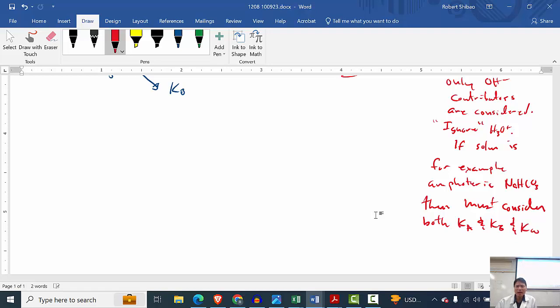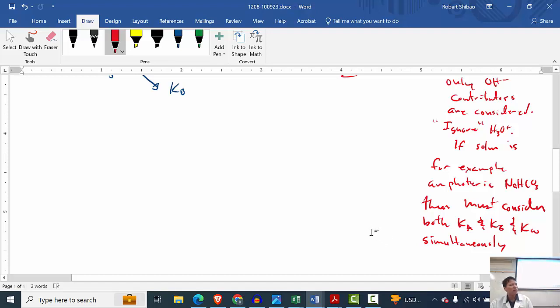So Ka and Kb and Kw simultaneously. Since we have a carbonate solution, that's considered a base solution. If we had a sodium bicarbonate solution, that would be considered an amphoteric solution, and then it gets a lot harder, because whenever we have to do simultaneous equilibria, the math gets difficult.